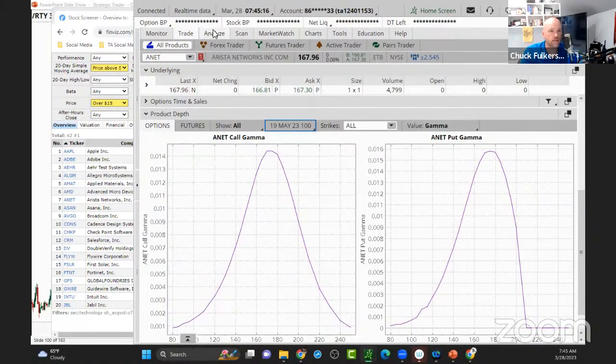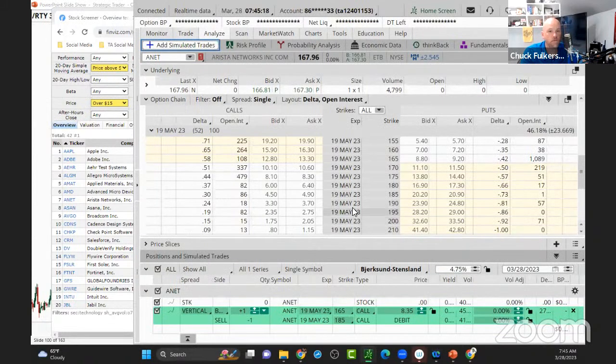So if I were buying a straight up call option, I'd probably buy either the 170s or the 175s because I'm buying at that high point of gamma, which is going to give me the most increase in my delta.